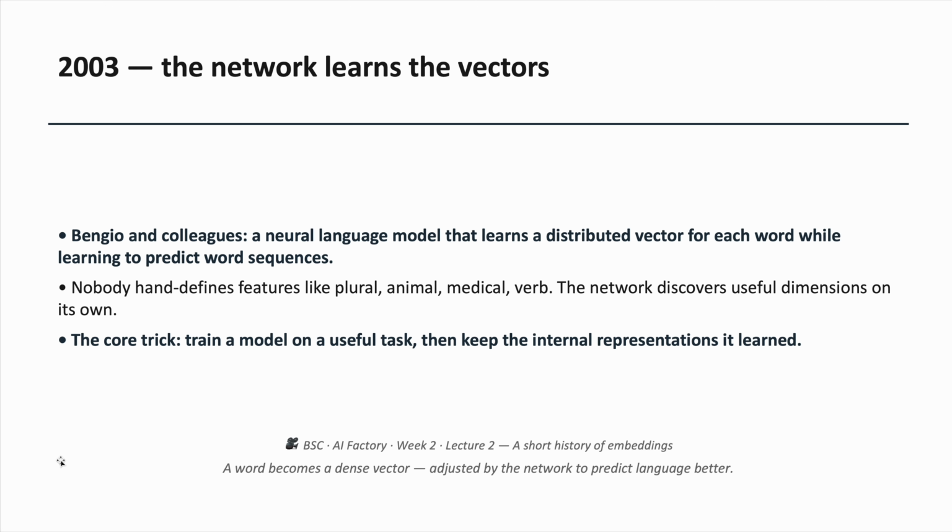The network, simply by being trained on a lot of text, learned dimensions and inferred features like plural, animal, medical, or verb on its own. The core trick is just: train the model, and the model creates internal representations, and we can extract these vectors from these internal representations.